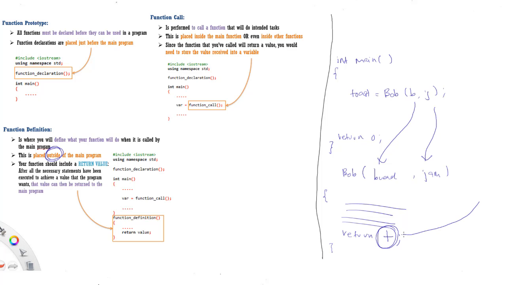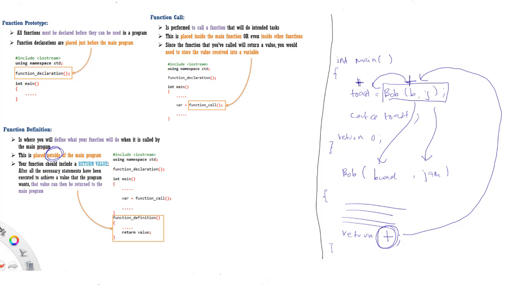So it will return this back to here, meaning that this whole thing now becomes the tea. Since this is an equal sign, it will be stored inside toast. So now your variable toast will have the tea. Since you want to put it on your table, all you need to do is just cout toast.